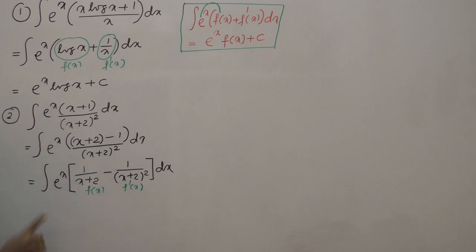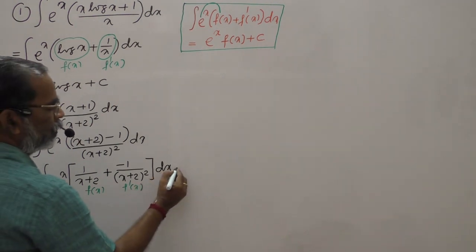So it is of the form integral e power x into f of x plus f dash x. 1 by x derivative is minus 1. If you want, you can make it plus, write minus here. 1 by x, its derivative is minus 1 by x square. Exactly e power x into f of x plus f dash x.